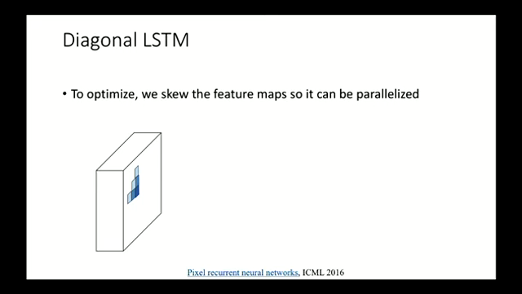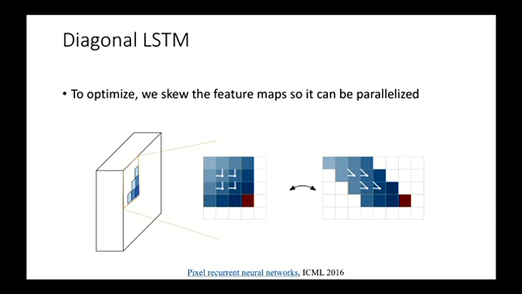And to optimize this diagonal LSTM, one easier way would be, say we want to generate this pixel which is dependent on all these elements, that is, dependent on these elements on the left top diagonals. So one smart way would be to shift one pixel by one unit with respect to its previous row.